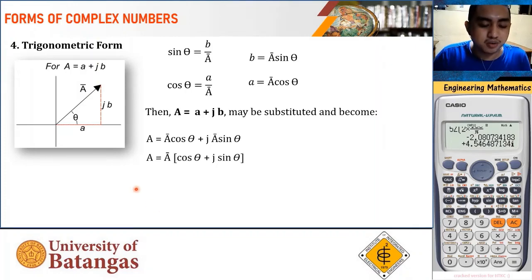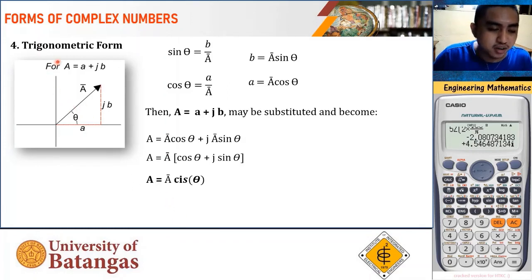Okay, so ang gagawin ko is ipapa-factor out yung A bar. So, cosine theta plus J sin theta. So, ang ating trigonometric form is A bar cis theta. So, kapag nakita kayo nito, ibig sabihin, yung A bar natin, yun na yung ating absolute or modulus.